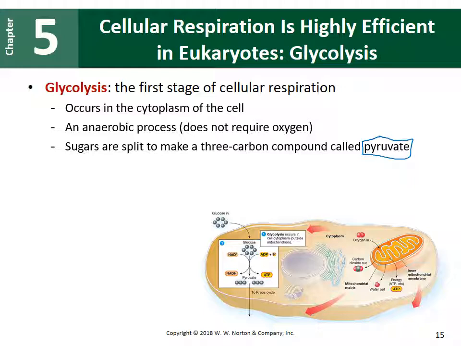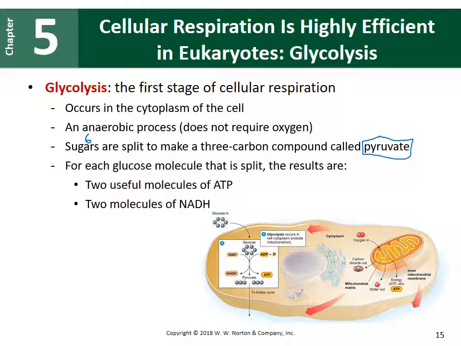While our glucose, which has 6 carbons, is being split into 2 3-carbon molecules, for each glucose molecule that's split in half, we get out 2 ATP molecules and 2 energy carriers called NADH. So we're taking that food, that glucose, breaking it apart, and extracting out that energy from it.